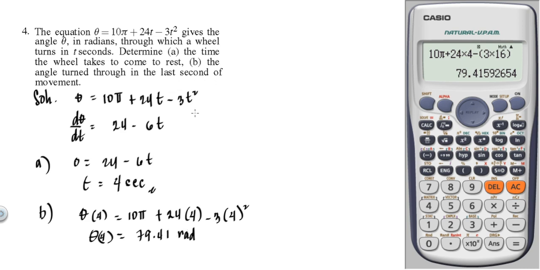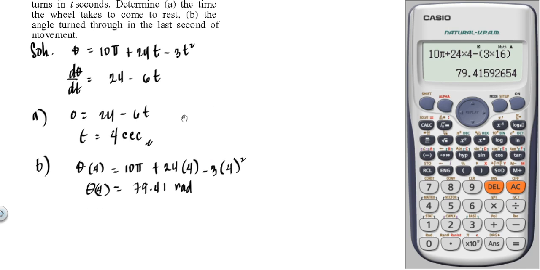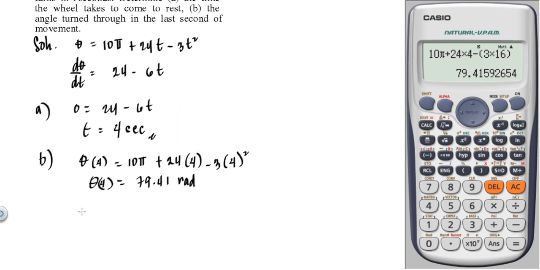So, we also need theta of 3. We have 10 pi plus 24 times 3 minus 3 times 3 squared.